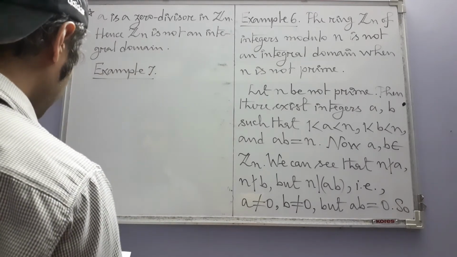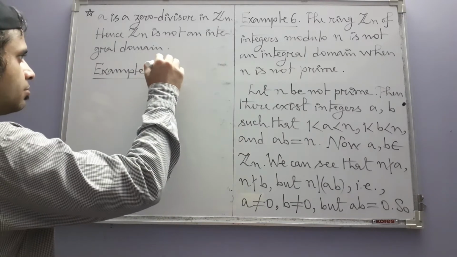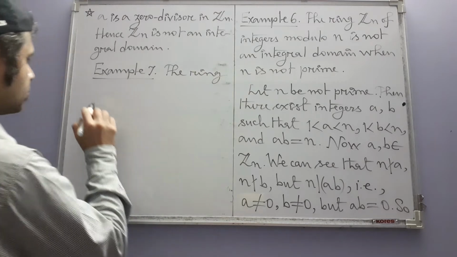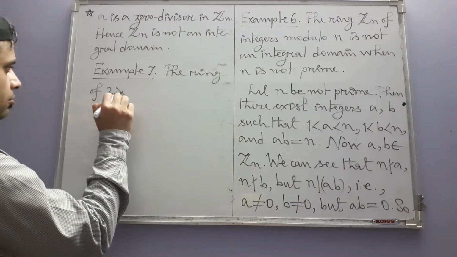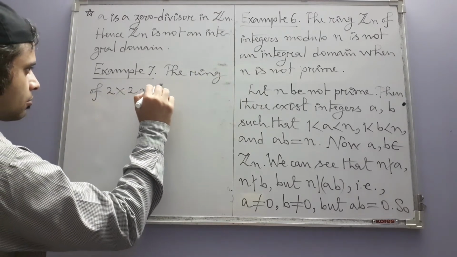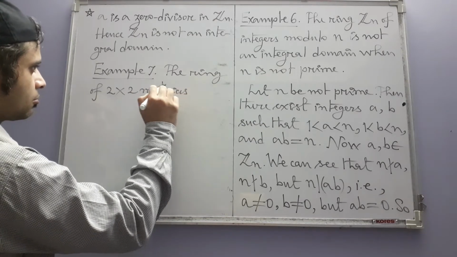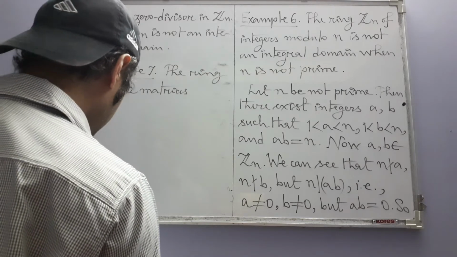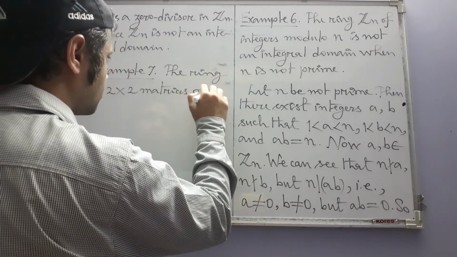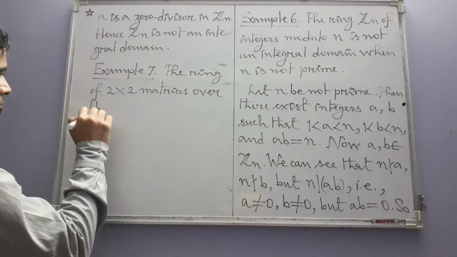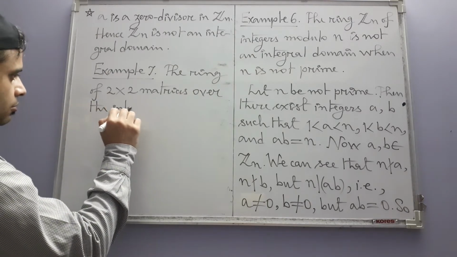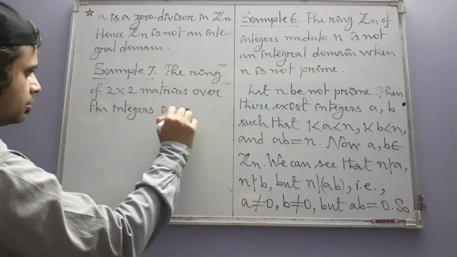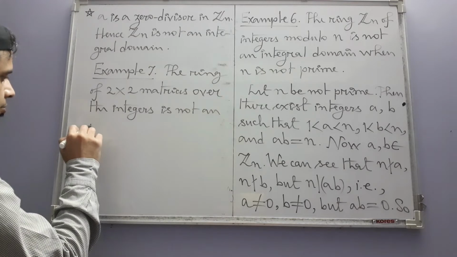The ring of 2 by 2 matrices over the integers is again not an integral domain.